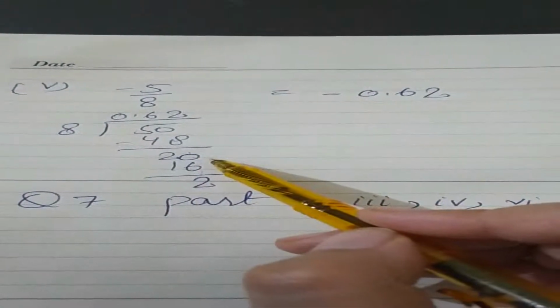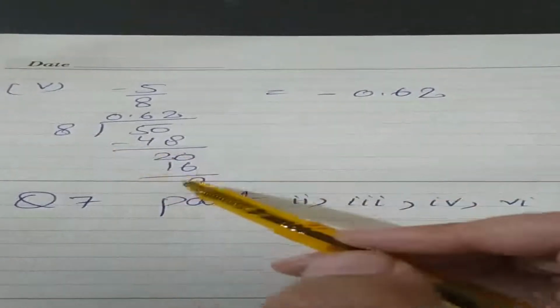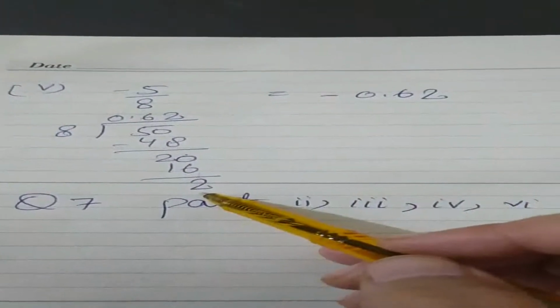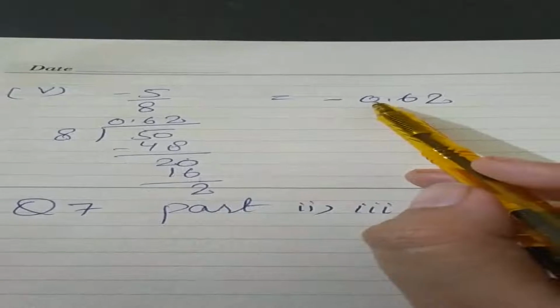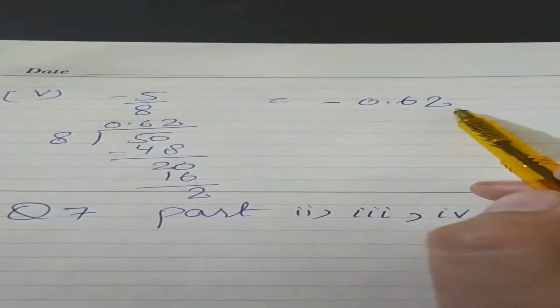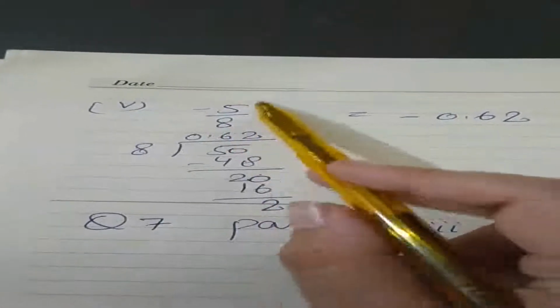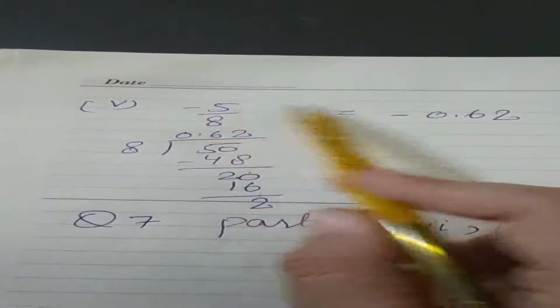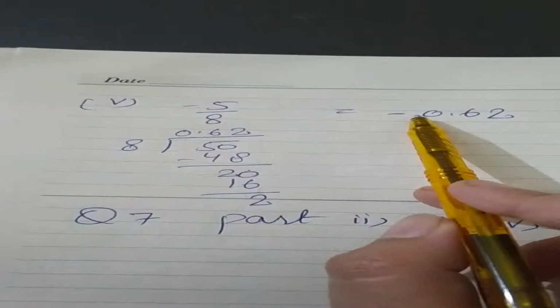Again I put 0 here. 8 1s are 8, 8 2s are 16, and so on. The remainder is 2. So the answer in decimal is 0.62. As the rational number has a negative sign, the answer will also have the negative sign.